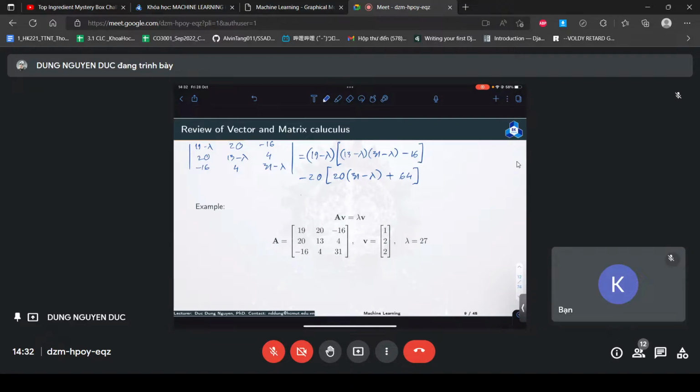So I'm going to have minus 16 of, well, a subtract with 16 of 13 minus lambda, something like this. And of course, you can say that if you extend the equations a little bit more, you will end up with the equation of degree 3.